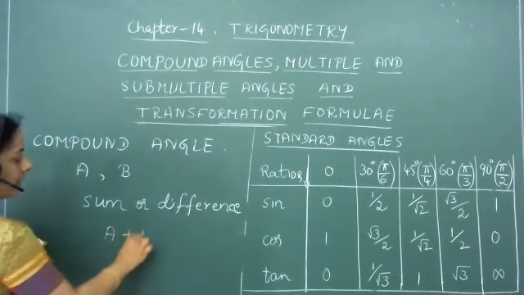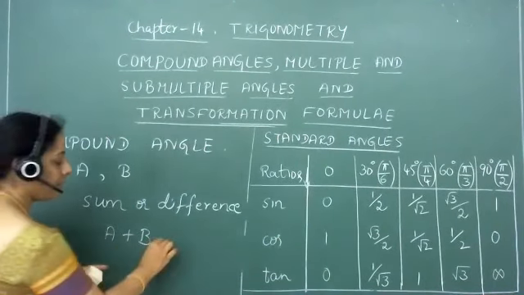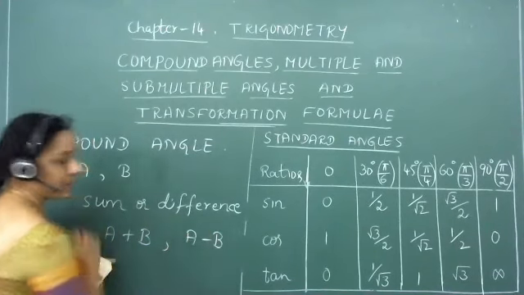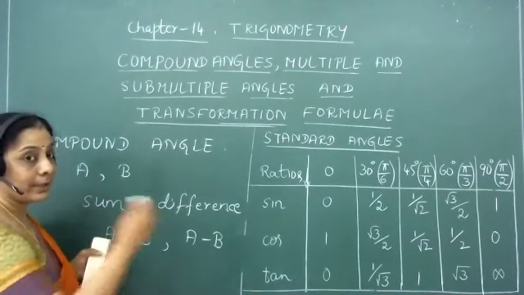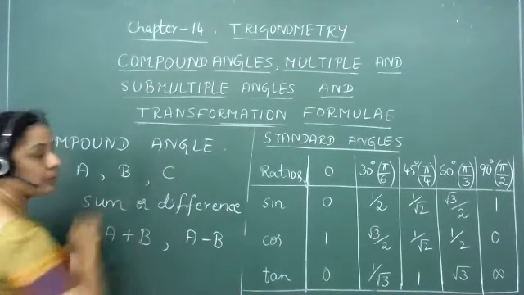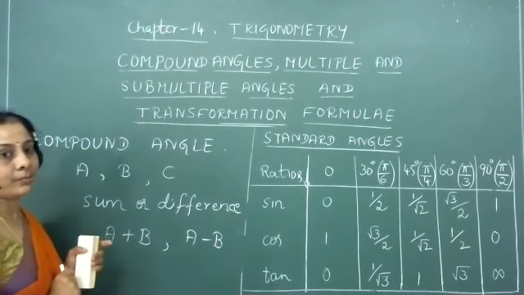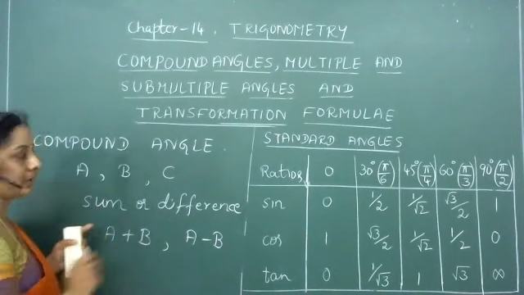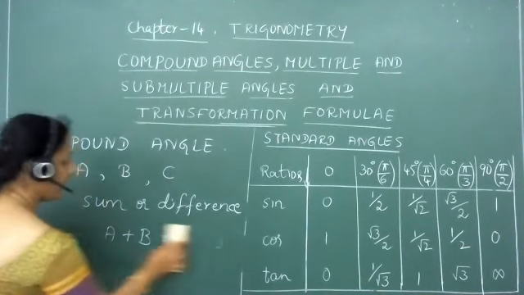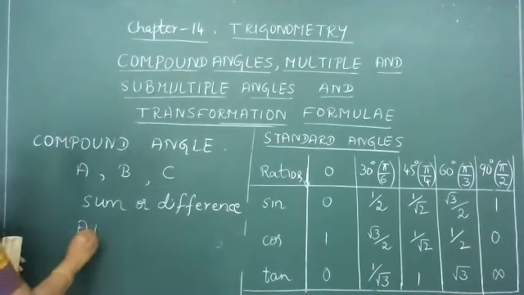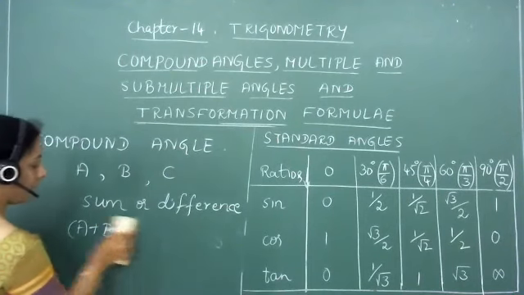That means for two angles A and B, A plus B, A minus B will be referred to as a compound angle. Can I have more than two angles here? Is it possible for me to consider a compound angle? Yes, it is possible. If you have A, B, C as any three angles, then you could take A plus B minus C also as a compound angle.